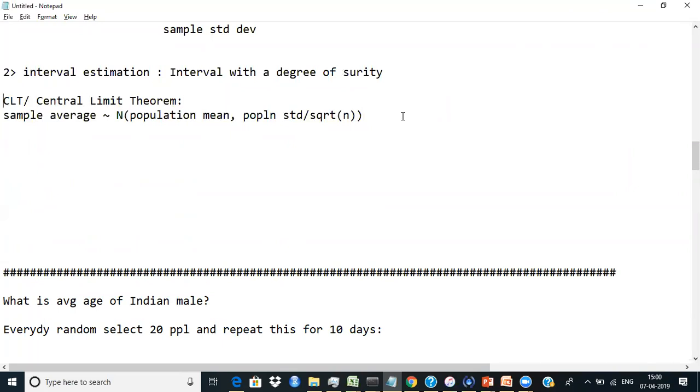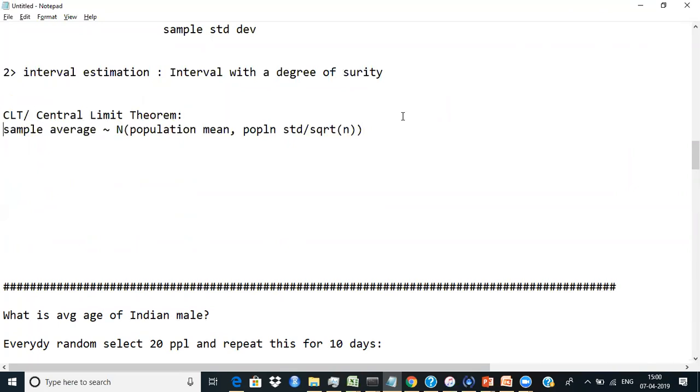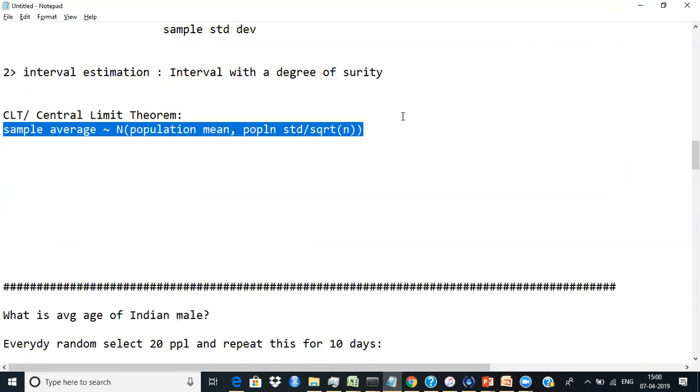Again, I would reiterate the central limit theorem because it is a bit convoluted. Here we are talking not about the distribution of age, but about the distribution of the sample average, right? Not the sample value, the sample average.